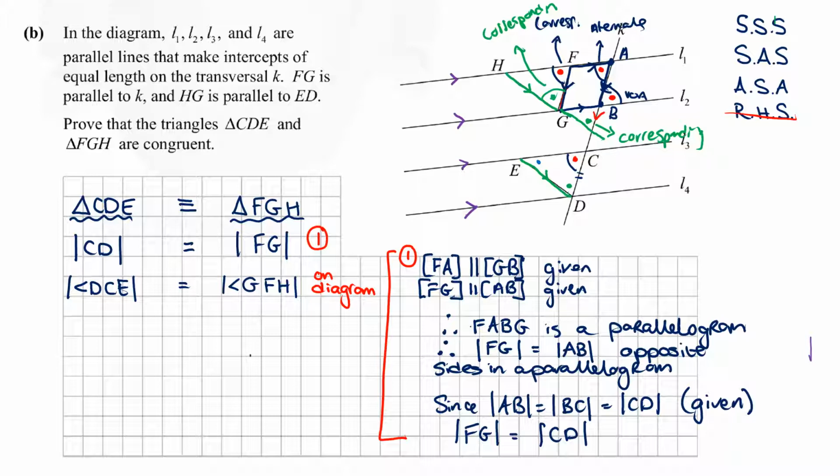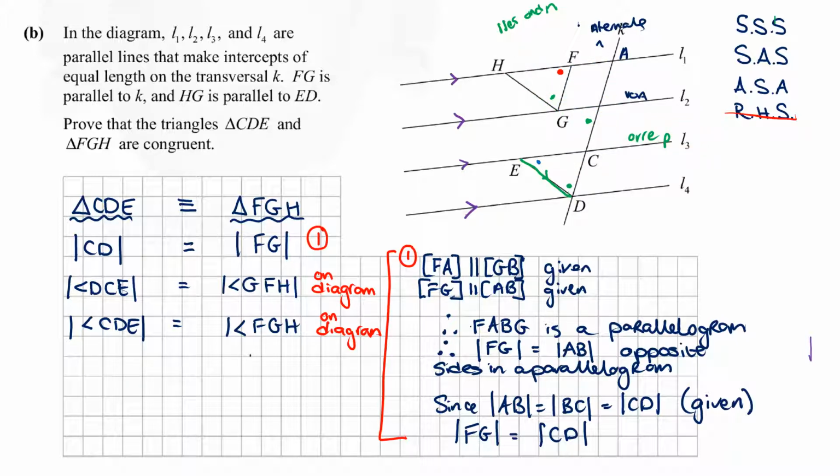So what we have here is the angle CDE equals the angle FGH, again on the diagram. So what we have proven, and again, I'm going to just take everything off this diagram just for clarity to see. So we'll get rid of all these bits.